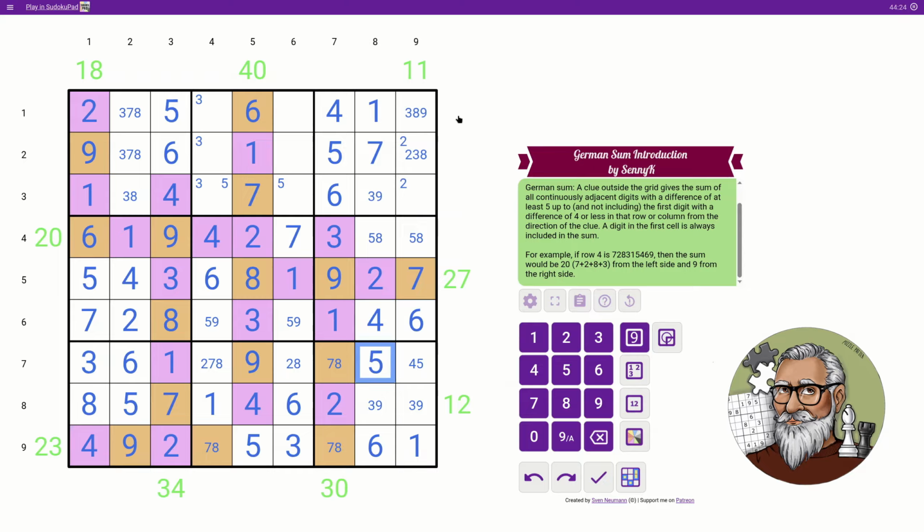4, 6, 5, 4, 8, 5. So what am I missing here? I'm missing something from 2, 3, 8, 9, right?